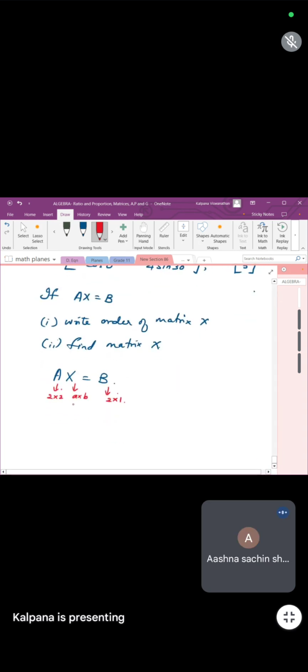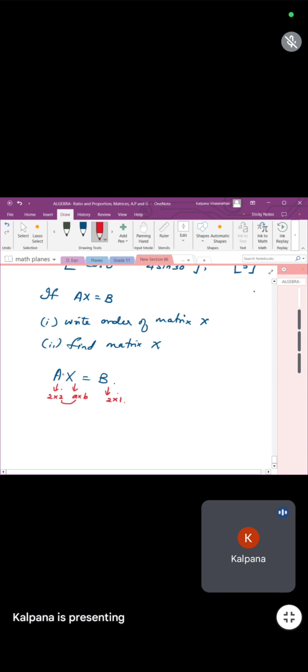The number of rows of the first matrix into the number of columns of the second matrix. Yeah. First of all, we know multiplication is possible only when the number of columns in the first matrix is equal to the number of rows in the second matrix.